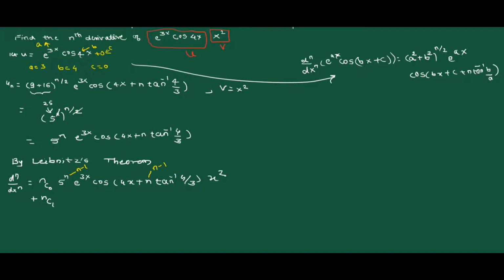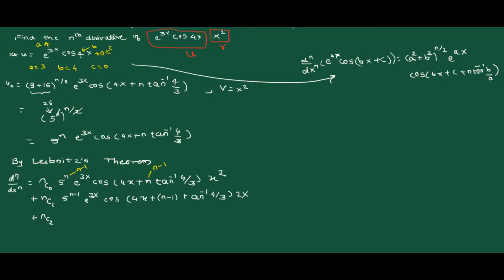So I will write it as, that is 5 raised to n minus 1 e raised to 3x cos(4x plus (n minus 1) into tan inverse 4 by 3) into the differentiation of x square, which is 2x. Plus, next, nC1 is over, write down nC2.